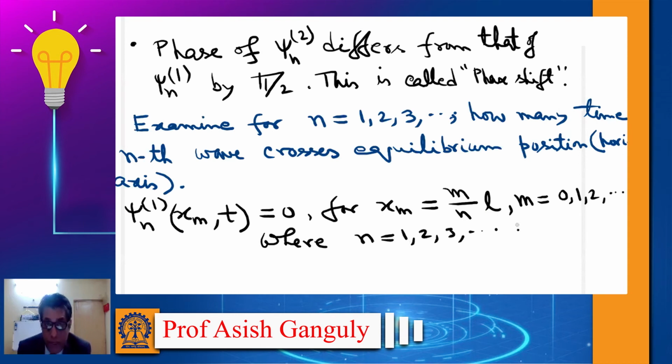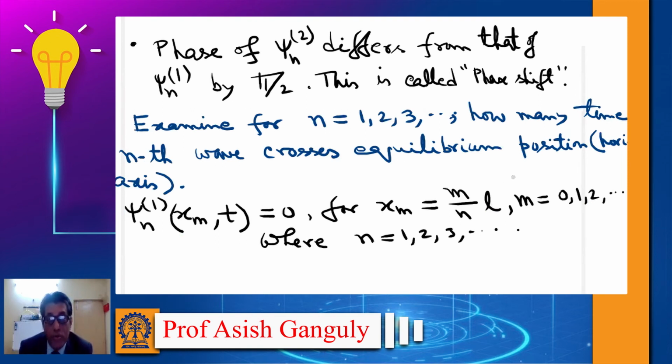To understand from here, first of all, why is m allowed to take only these values, only up to n, giving n plus 1 values? Because the wave can't go beyond x is equal to 0 and x is equal to L. It is tied at both ends. For m equal to 0, it is the leftmost point, and m equal to n is the rightmost point.